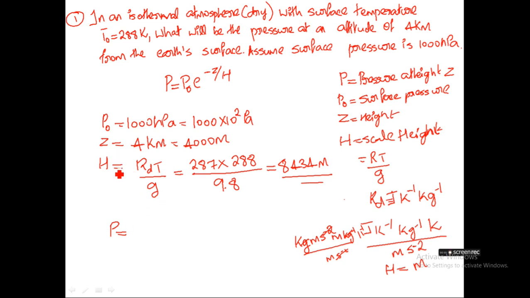Yeah. So now once we got scale height, we can calculate the pressure at height Z, which is P, as P is equal to P0 e raised to minus Z by H. Now we know the value of Z. P0 is 1000 hectopascal, which is 1000 into 10 raised to 2, into exponential of Z, given in the question as 4000 meter or 4 kilometer, divided by H, which is 8,434.